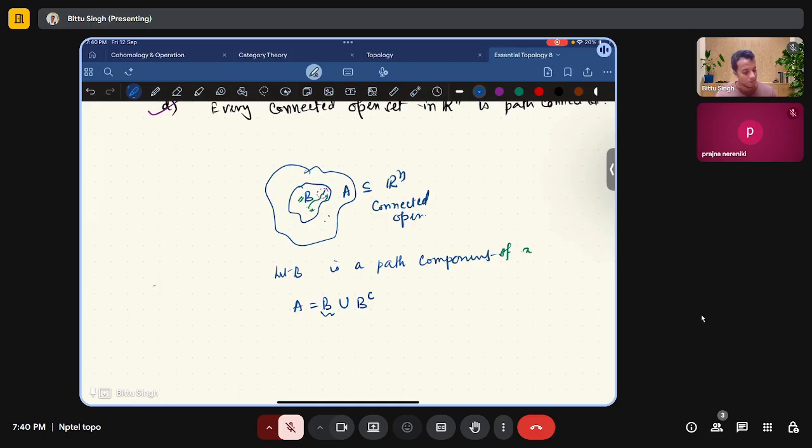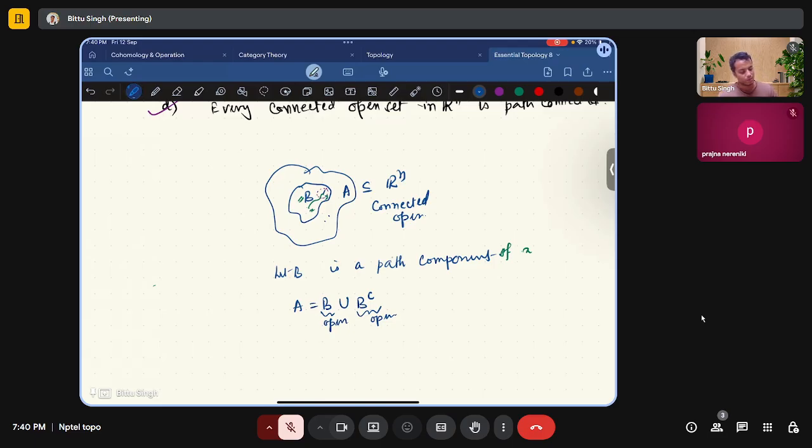Okay, so A can be written as B disjoint union with B complement, and both are open. This is an open set. This is also an open set. So this is a contradiction, right?